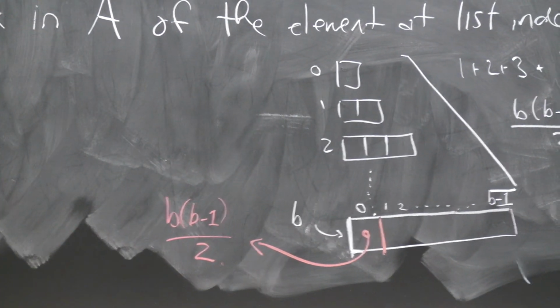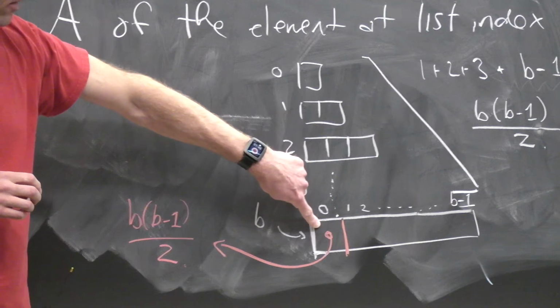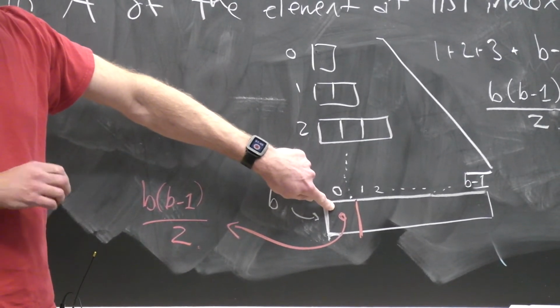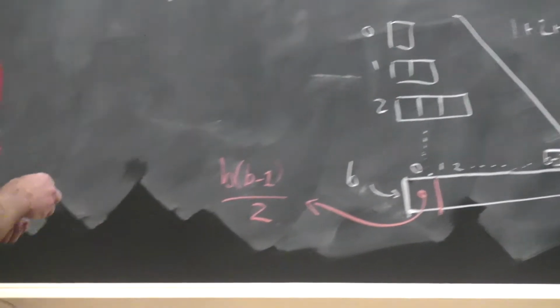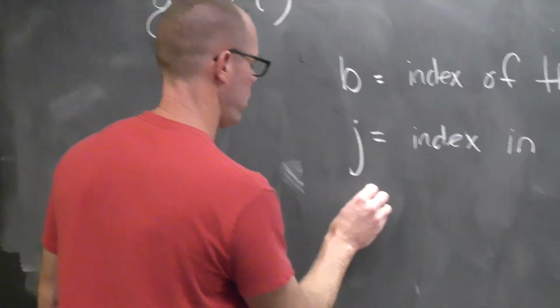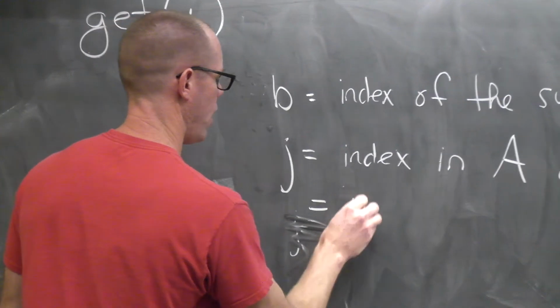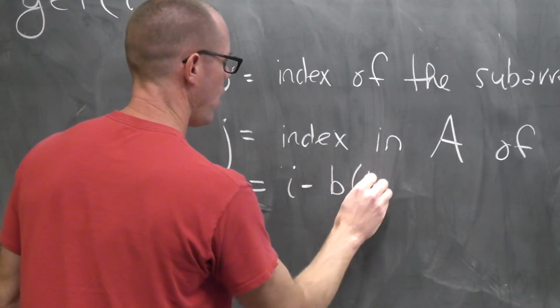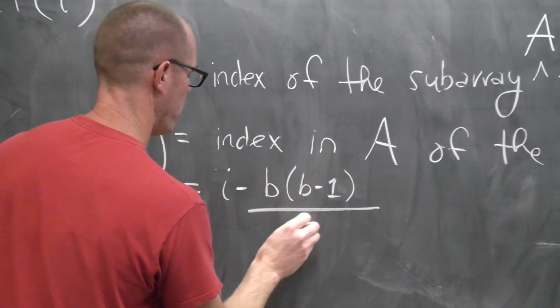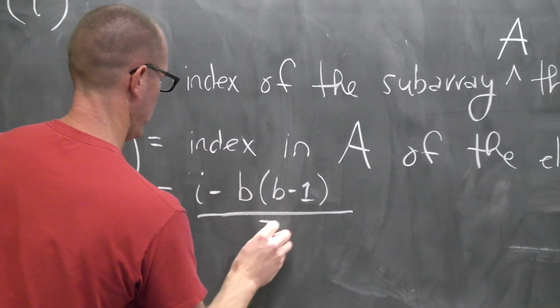So if I is equal to B times B minus 1 over 2, this should be the value of J, 0. And in general, the value of J should be equal to I minus B times B minus 1 over 2.